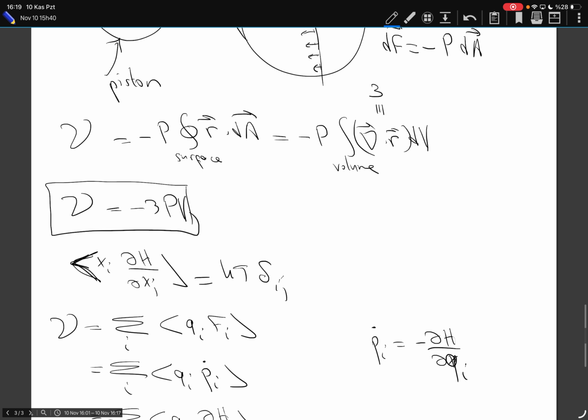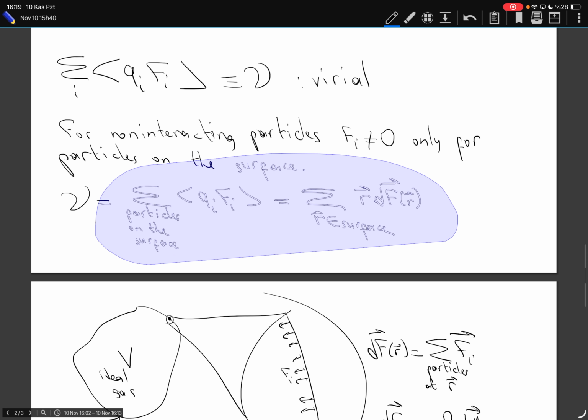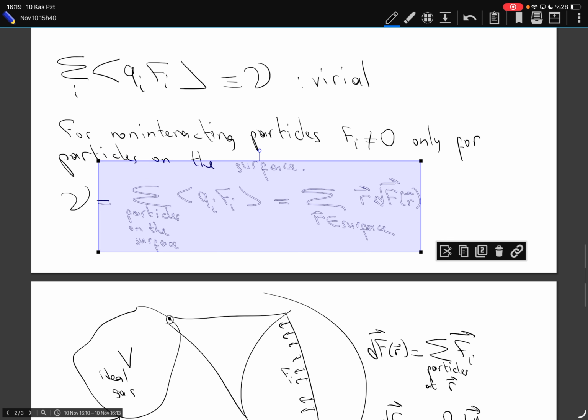You see, when I'm calculating this one, I'm looking at a moment. At the moment, F_i will be non-zero only for particle... Well, okay, actually let me just remove this. That's not the average.